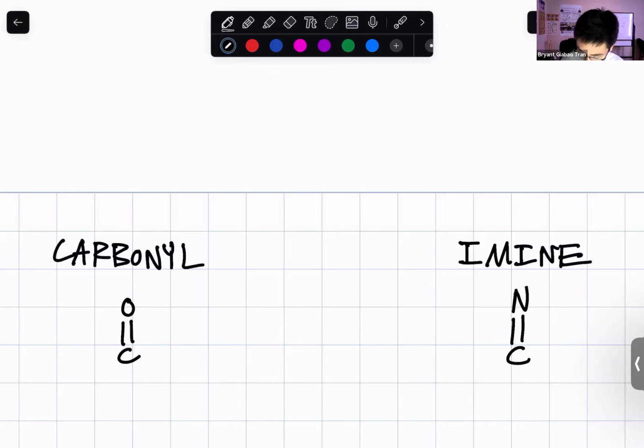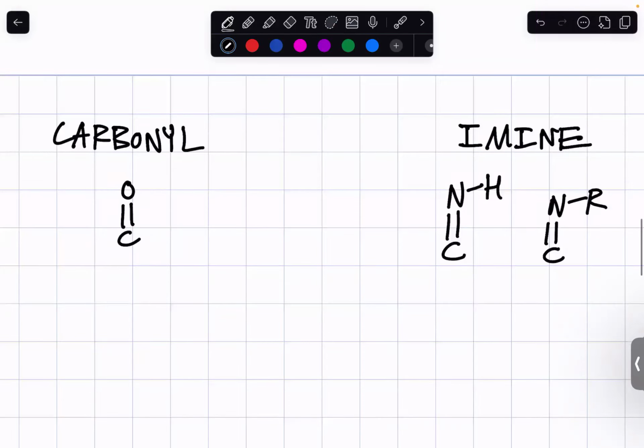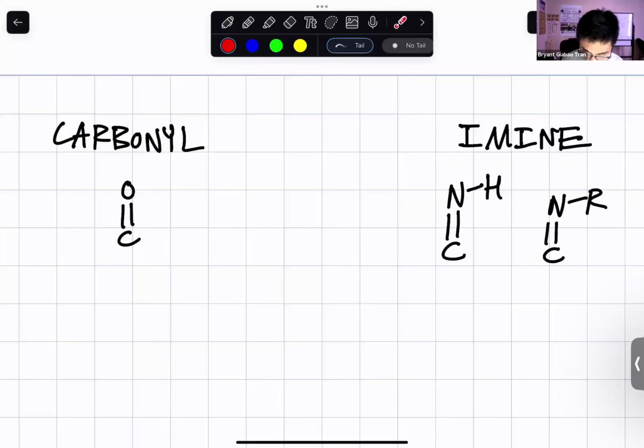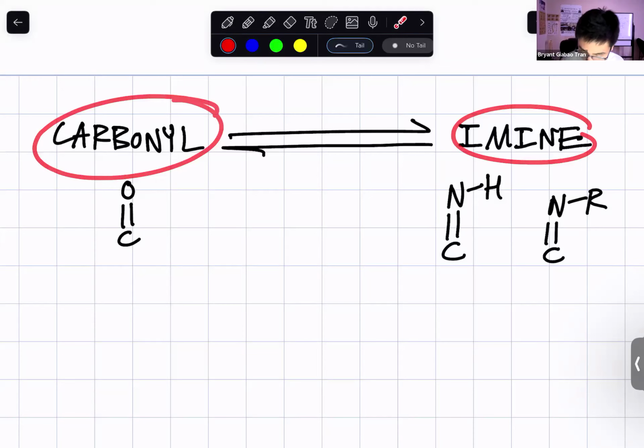So this imine could either be bonded to a hydrogen or to some random R group, some random hydrocarbon chain. In this mechanism, the forward reaction makes an imine from a carbonyl, and the reverse route converts an imine back into the carbonyl.